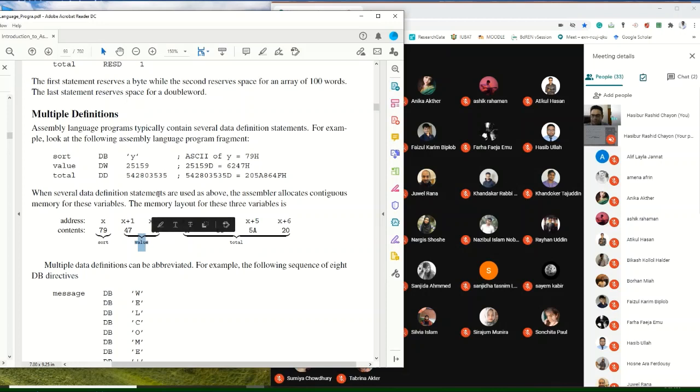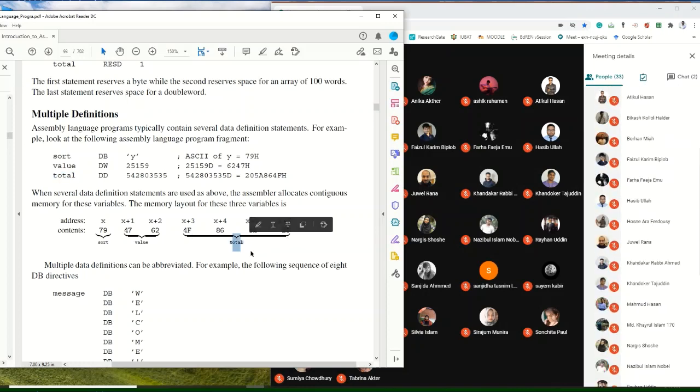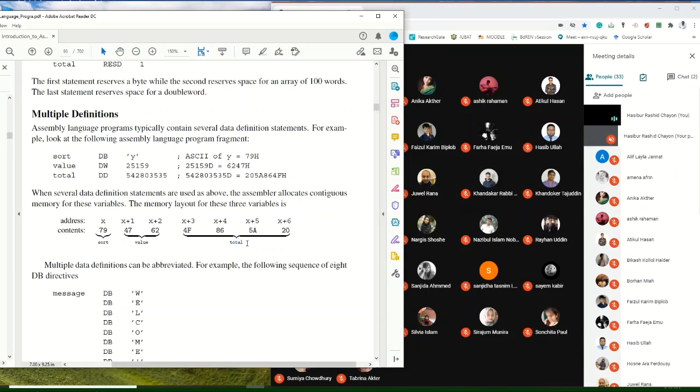Next we have the total variable, and total is DD type. That means double word. Double word means 4 bytes. That means 1, 2, 3, 4. The next 4 bytes serially will be the variable called total. Okay, total variable. So the value is here, this one, and this is the hexadecimal number.